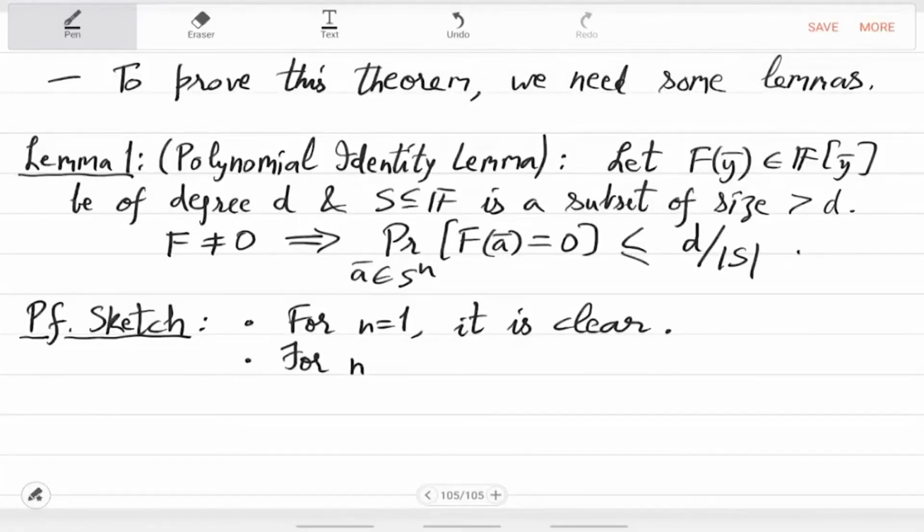So for n greater than 1, use induction on n. I won't discuss this. Finiteness of roots is gone, which is why we have taken S to be a finite subset.